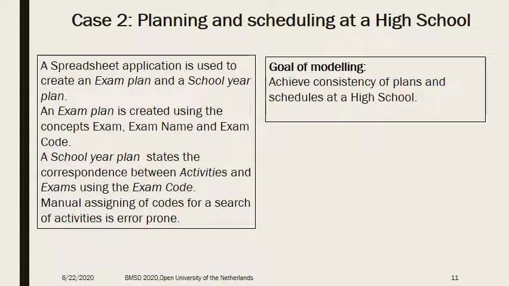A school year plan creates the correspondence between activities and exams using the exam code. Manual assigning of codes for a search of activities is error-prone. The high school wants to achieve consistency of plans and schedules. How can it be done?